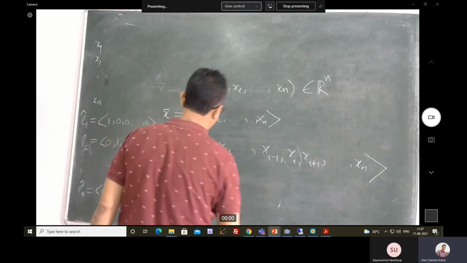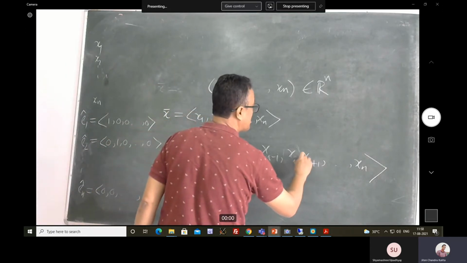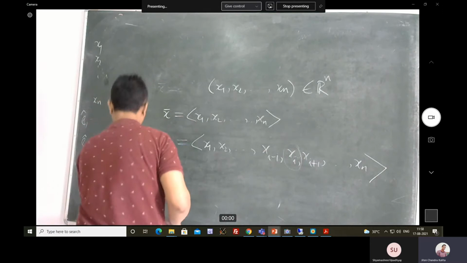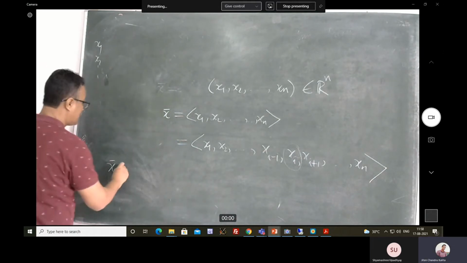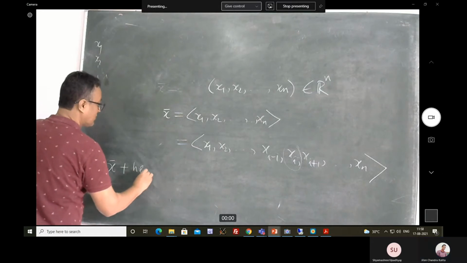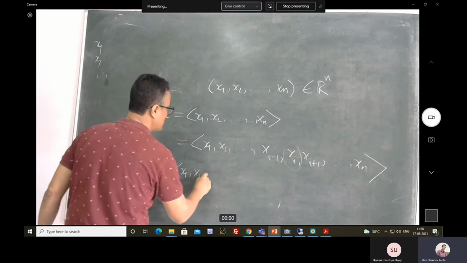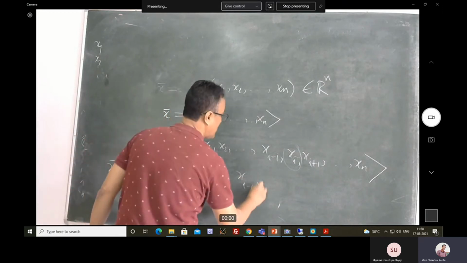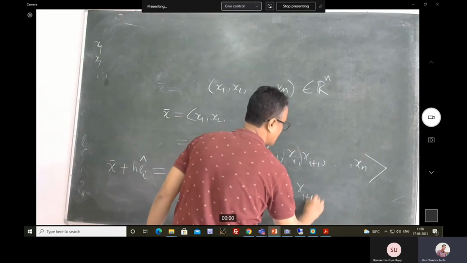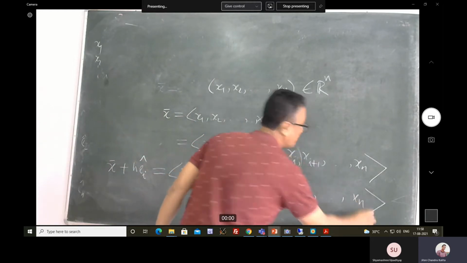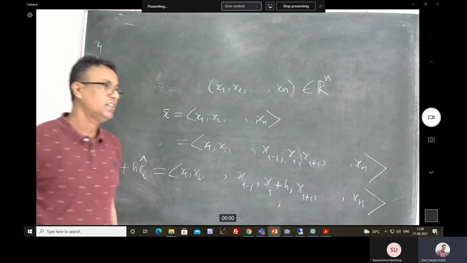Then what is going to happen? If you want to introduce an increment here, I can simply write x plus h ei cap, so that is going to give me x1, x2, up to xi minus 1, but here I am going to have xi plus h. Right? Okay, fine.